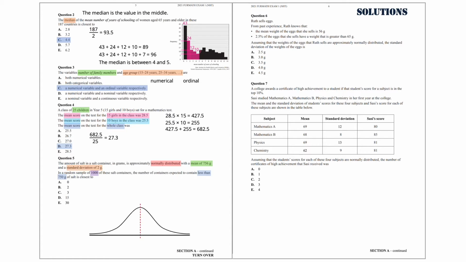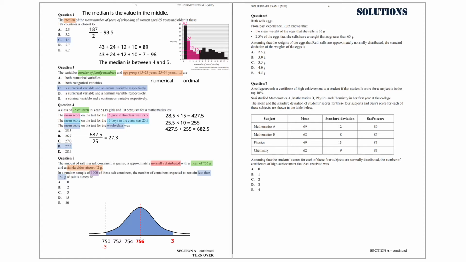The mean is 756 grams, and then we go by increments of 2 for the standard deviation to the left. So 754, 752, 750. Now this 750 represents 3 standard deviations to the left of the mean. Using the symmetry of this curve, we can mark the 3 standard deviations to the right of the mean.